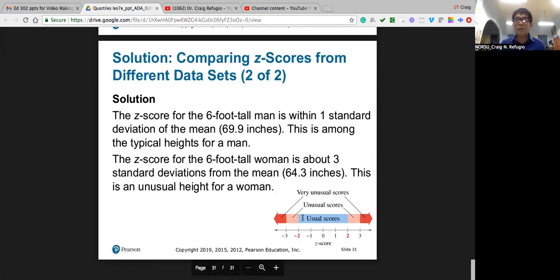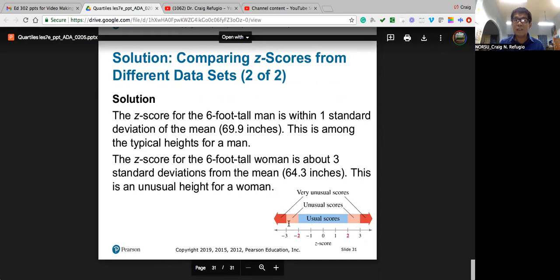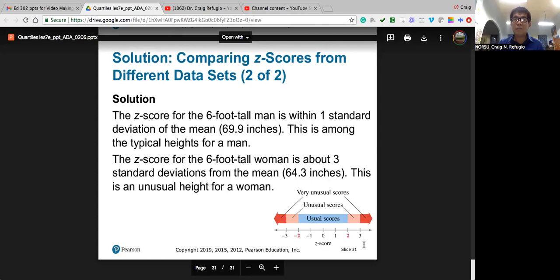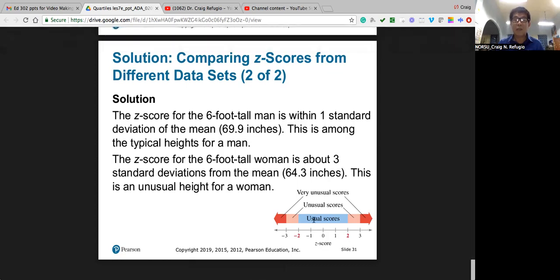So take note of this condition. From -2 up to +2, these are the usual scores. From -3 to +3, that is unusual. And this red line, above +3 or less than -3, are very unusual scores.